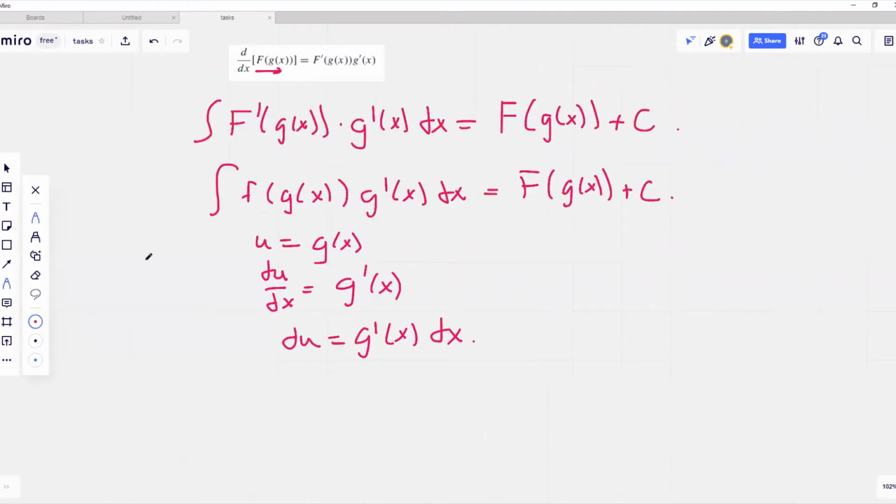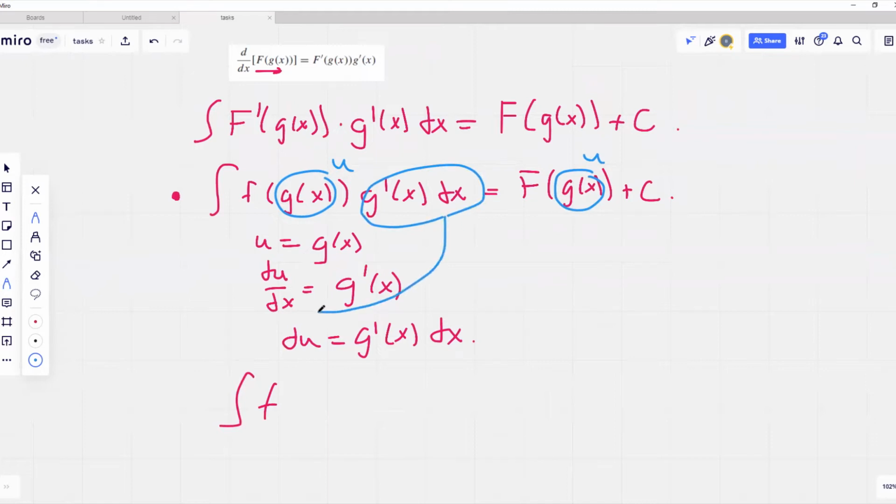Okay, now this equation here will be transformed into the following one. We'll have the integral of f, instead of g of x, we have u, and instead of g prime of x dx, we substitute du.